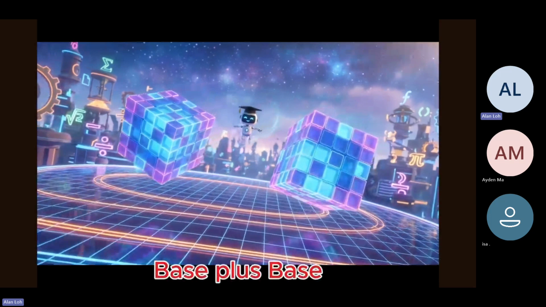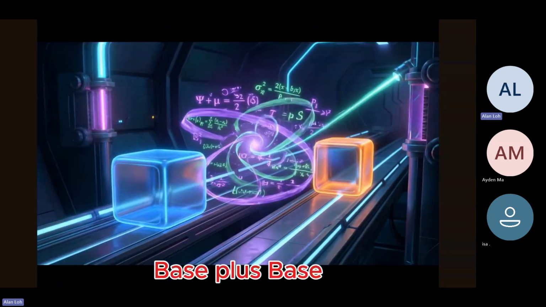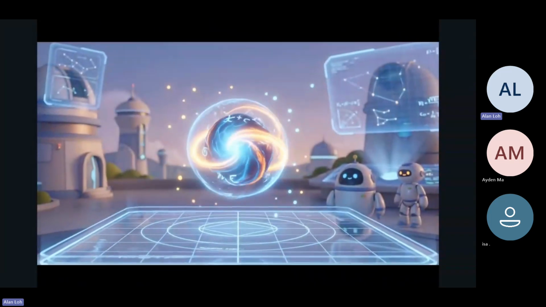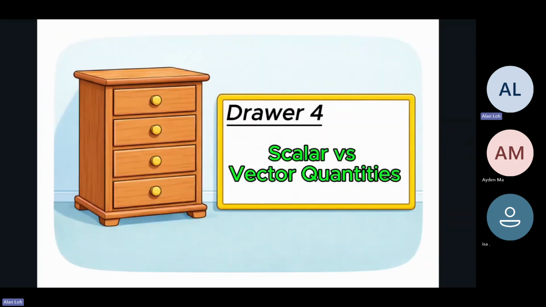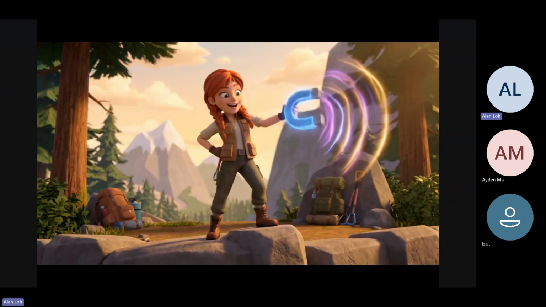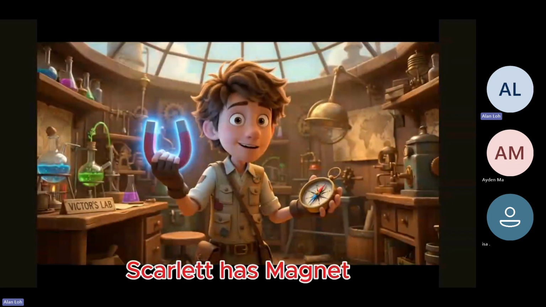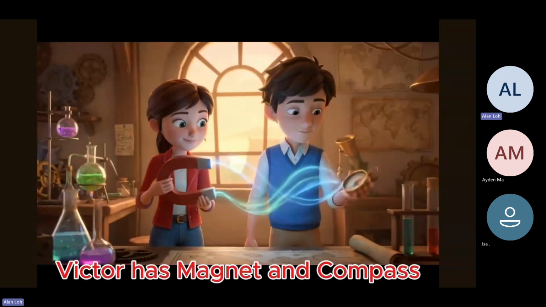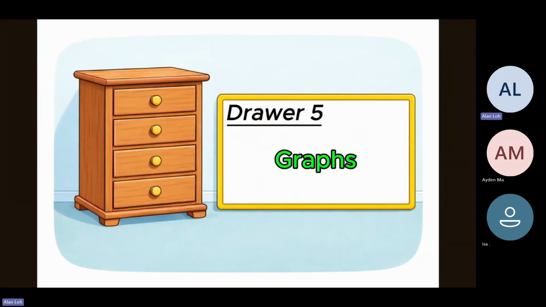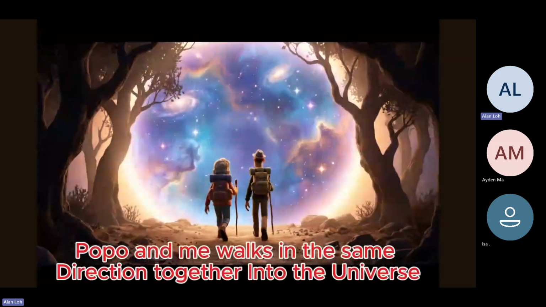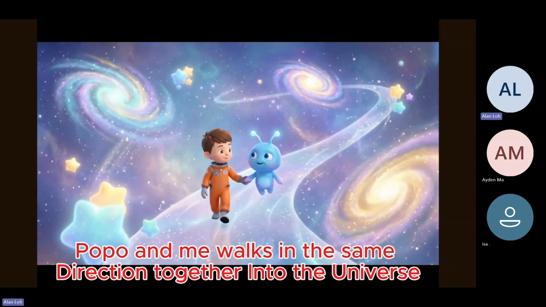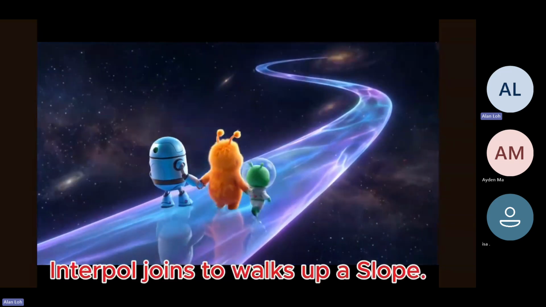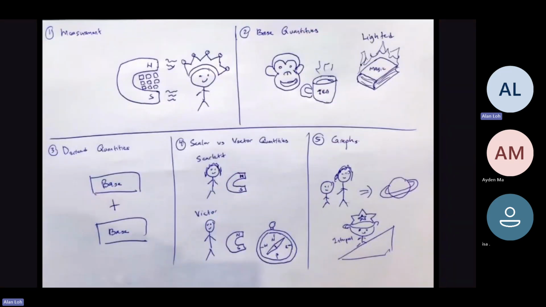Derived quantities. Base plus base. Drawer 4. Scalar versus vector quantities. Scarlett has magnet. Victor has magnet and compass. Drawer 5. Graphs. Popo and me walks in the same direction together into the universe. Interpole joins to walk up a slope.